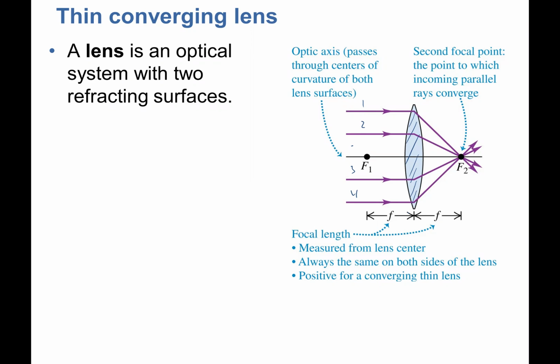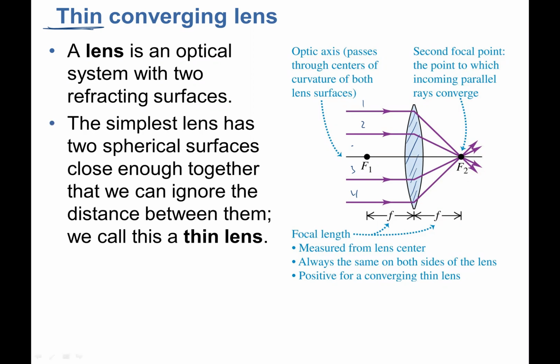That means we don't have an image generated inside the lens itself. When you're considering refraction at spherical surfaces, you can have something like that, but with thin lenses you never do. They're thin enough that light always refracts out into the air and generates the image in the air.